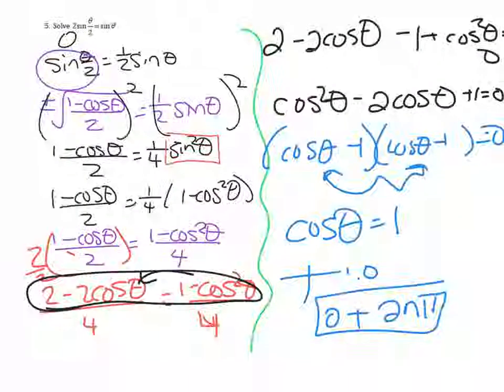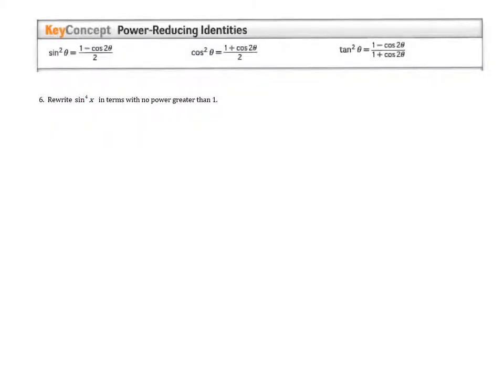Okay, 6. I want to rewrite sine to the fourth in terms of no power greater than 1. That means I just want to make sure that I go from a degree of 2, of 3, of 4, of 5, whatever, to something that has no degree on the cosines for this. So I'm going to rewrite sine to the fourth as sine squared squared.